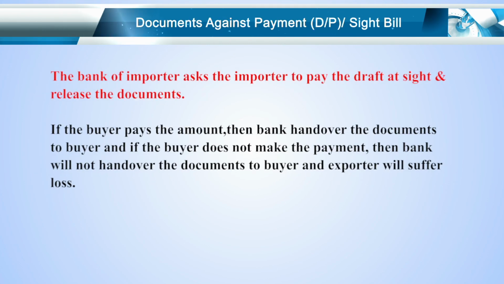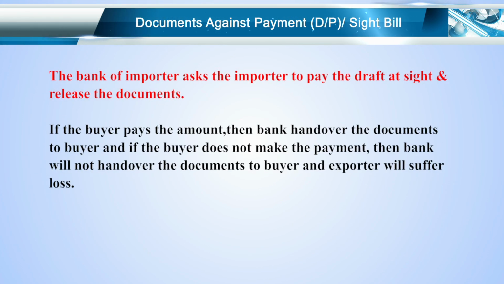If the buyer pays the amount, then the bank hands over the documents to the buyer. And if the buyer does not make the payment, then the bank will not hand over the documents to the buyer, and the exporter will suffer the loss. Please know that in DP, the bank of the importer asks the importer to pay the draft at sight and release the documents.